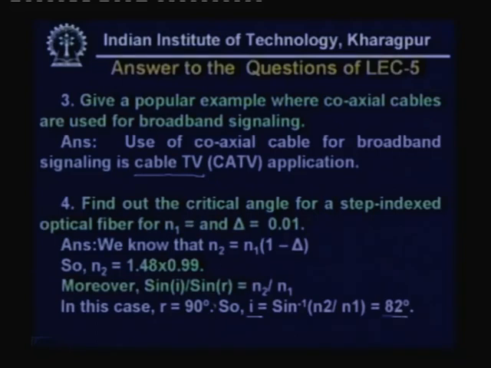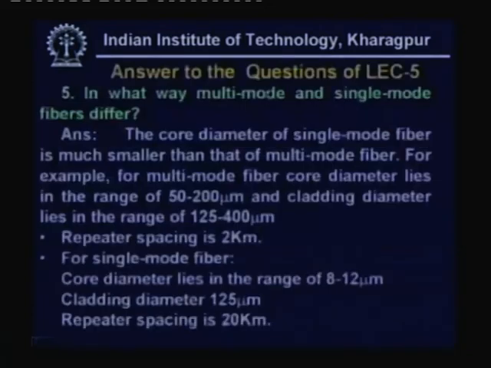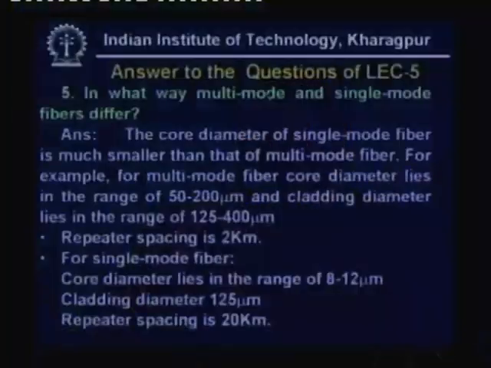So it can be very easily found because the angle of refraction is 90 degrees. So from that you can very easily calculate it. And as you can see here, the angle of incidence has to be more than 82 degrees so that you have got reflection. Other signals will pass out through the cladding material.